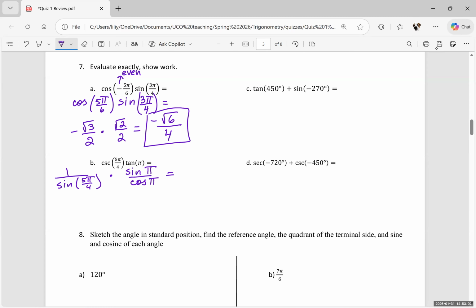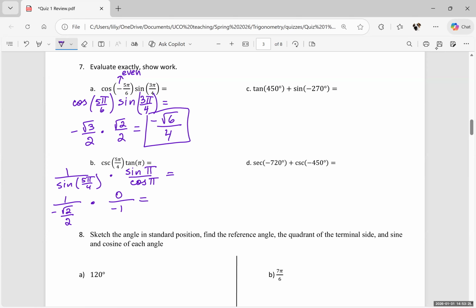Now, sine of 5 pi over 4, first of all, it's in the third quadrant, but sine of 5 pi over 4 is negative square root of 2 over 2. So this is 1 over negative square root of 2 over 2 times sine of pi is 0, cosine of pi is negative 1. So this whole fraction is 0.